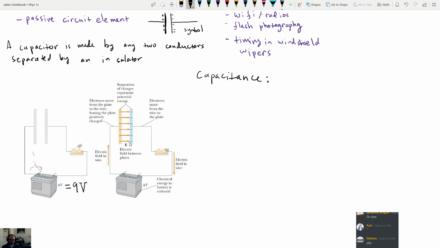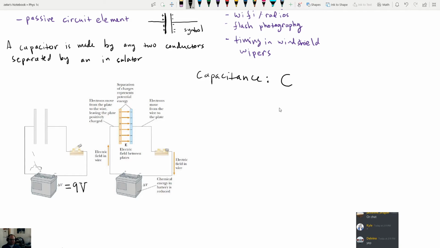And what we say then is basically that the amount of charge that we can store on these plates is going to depend on the size of this voltage source, as well as being a function of the plates themselves. For example, the larger the plates are, the more that you're going to be able to store, and it's going to turn out that the closer the plates are together, the more energy you're going to be able to store. So we define capacitance like this.